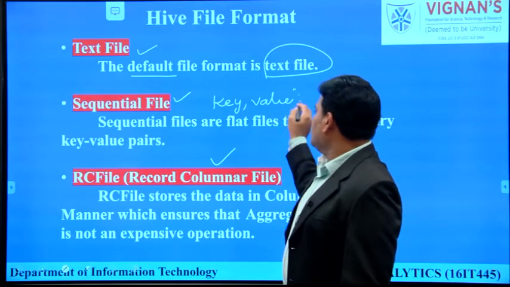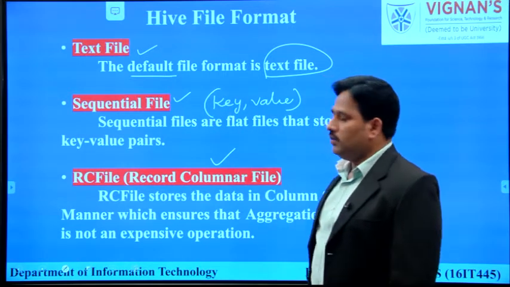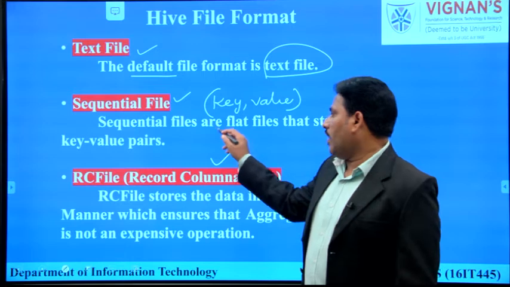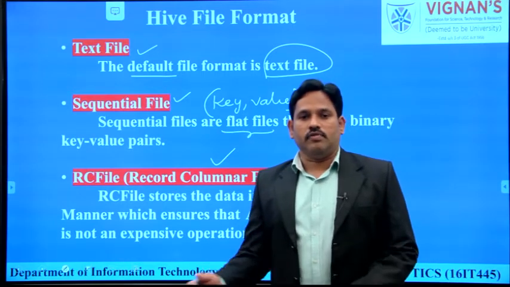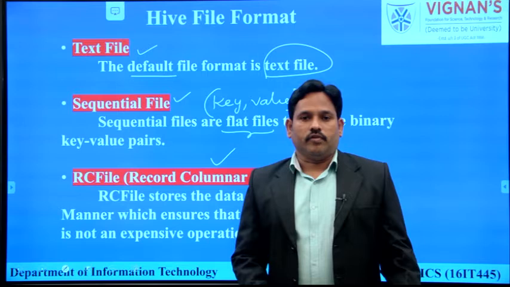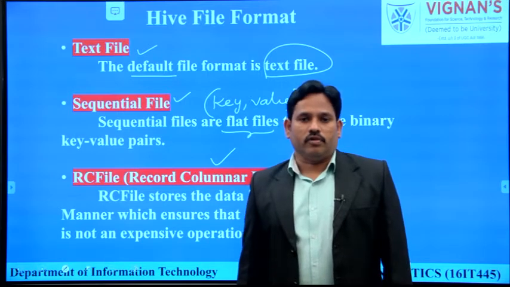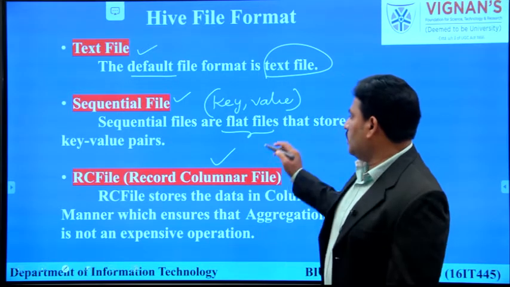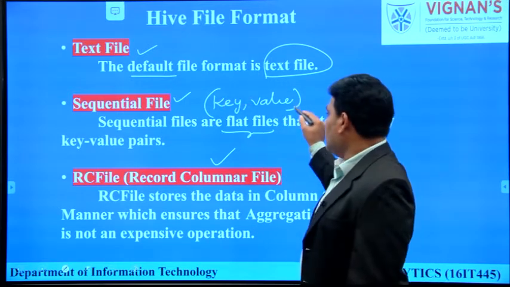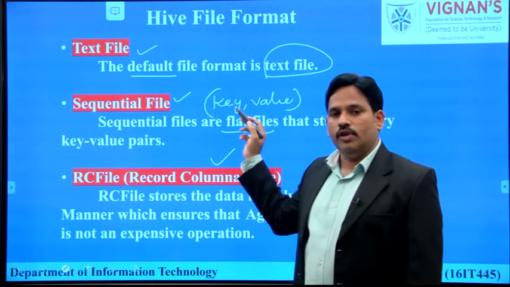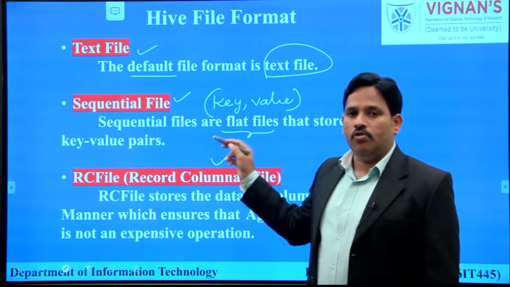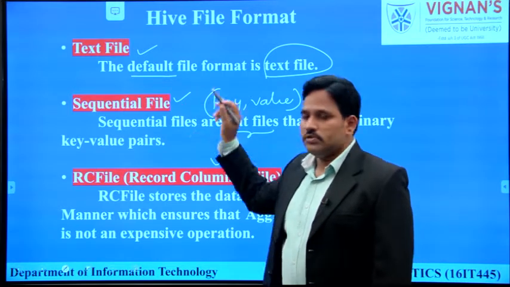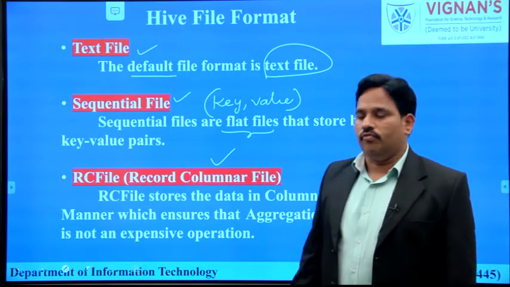A sequential file is a flat file used to store values accessed from Hadoop, HDFS or MapReduce. Each value is represented in the form of a key and value pair. So to store key and value paired data, we can use the sequential file format.